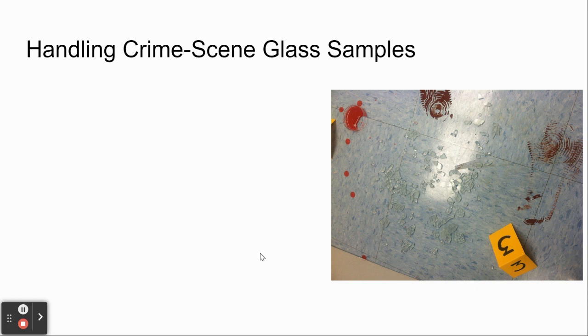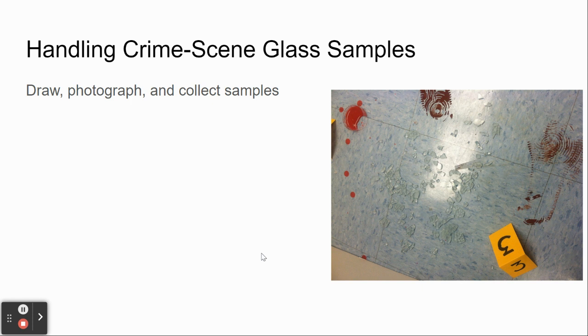In terms of handling the samples that you may find, much like we've talked about with the others, the documentation is going to be very important. You want to photograph everything from multiple angles. You want to make note of anything that you find embedded in the glass, whether it's hair, whether it's fibers, whether it's tissue, whether it's mud.